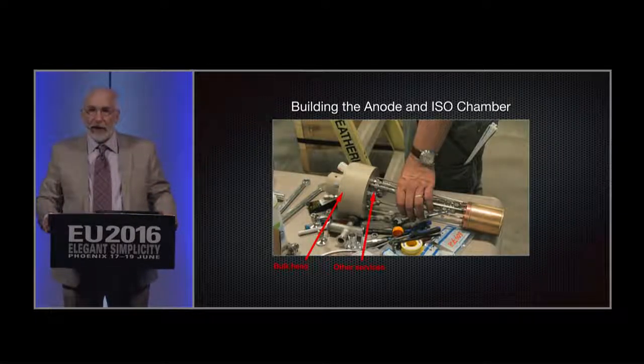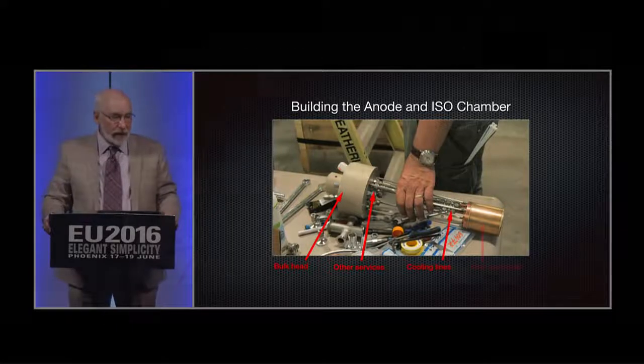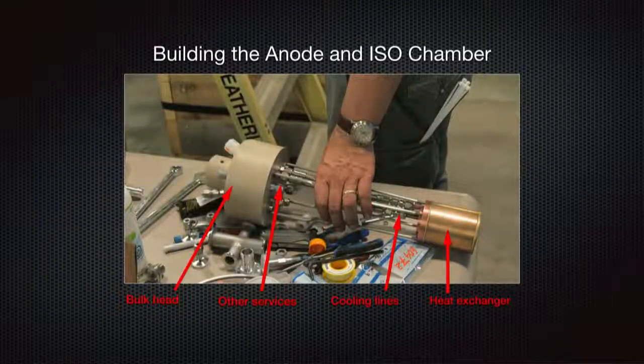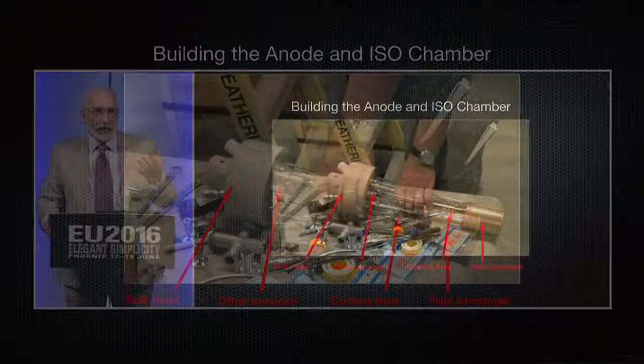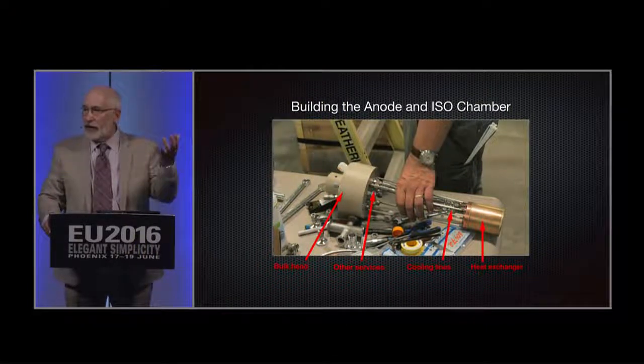This here is the new anode base. What you're looking at is the bulkhead, services through the anode. Because this time around, we want to be able to cool the anode. We want to make sure that we don't see some of the failures that we saw in phase 1.